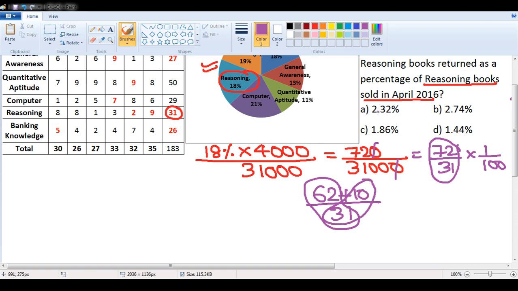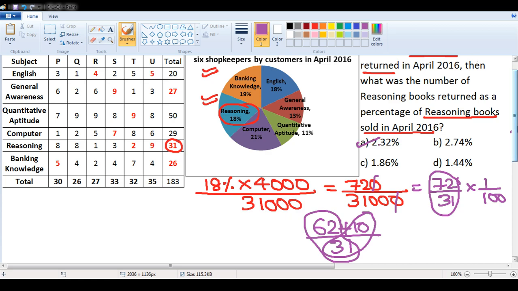So it is 2.33, approximately 2.32. I hope it is clear.